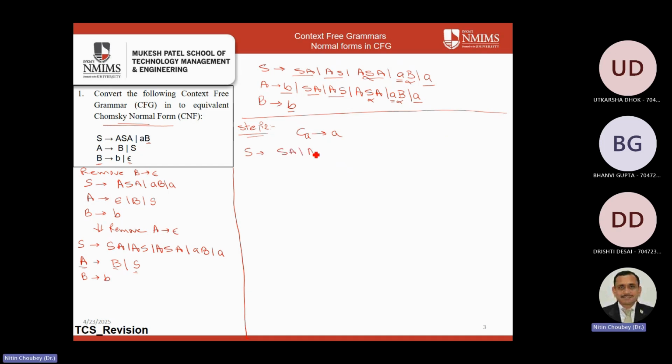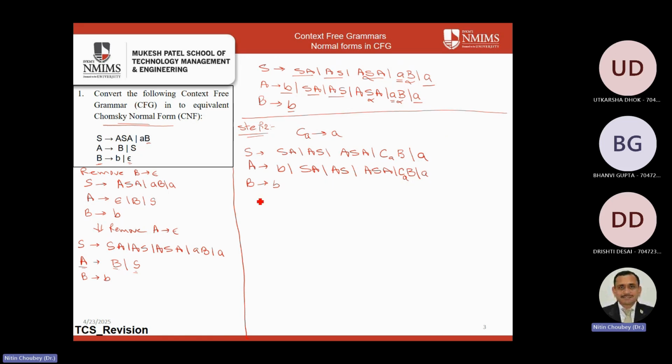S gives SA | AS | ASA | CAB. A gives b | SA | AS | ASA | AB | A. So this AB would get converted to CA B again, and B gives b.